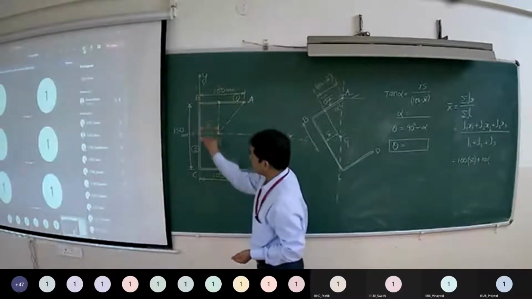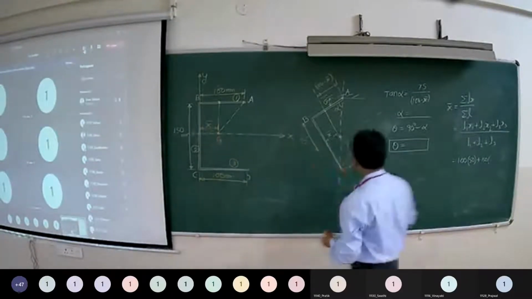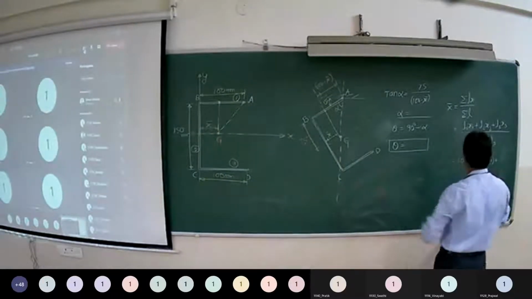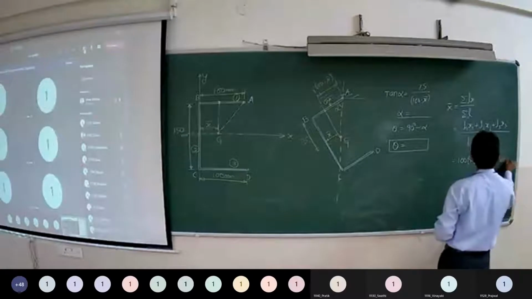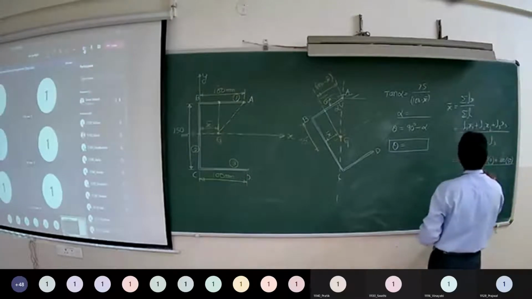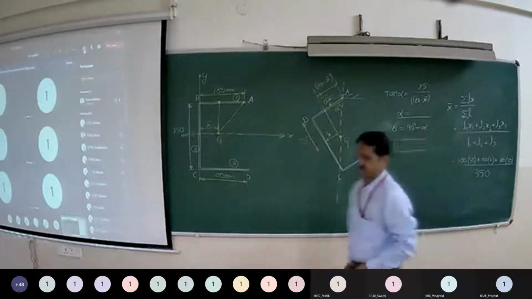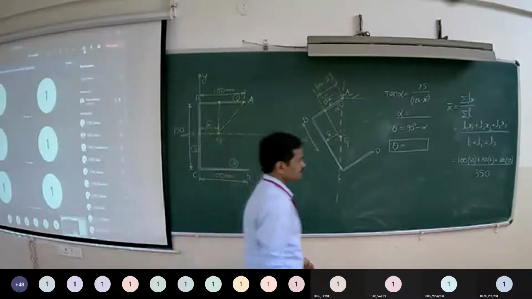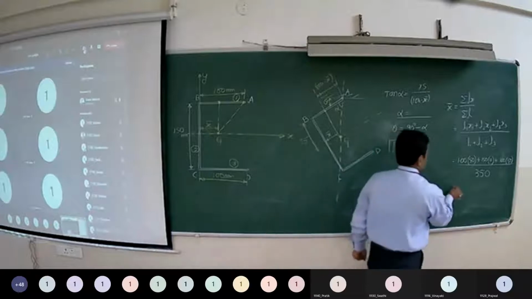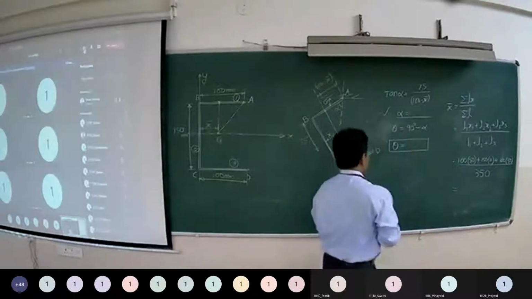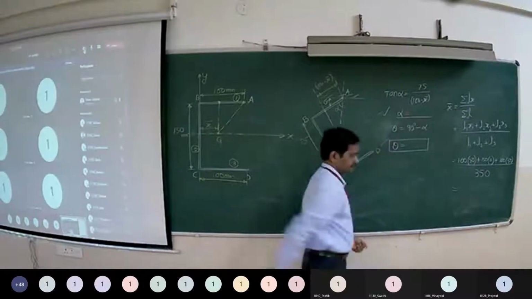It is located on y-axis, so X is 0. Plus L3, length of CD, 100. Distance of centroid, 50. Upon L1 plus L2 plus L3, that is the total length, 350. So calculate x bar, then alpha, and finally theta.